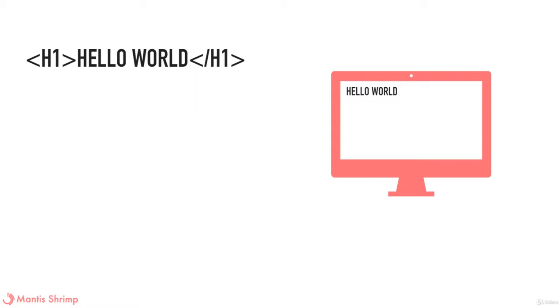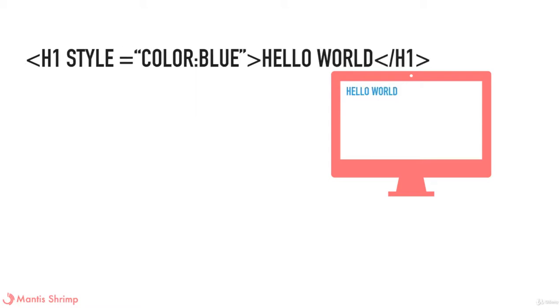We can also add additional pieces of information to our elements, actually inside our starting tag. So we can add attributes to give different bits of information to the document on how to render that string. In this example, we've added a style, a color blue style, which then changes the color of that Hello World string in the browser.